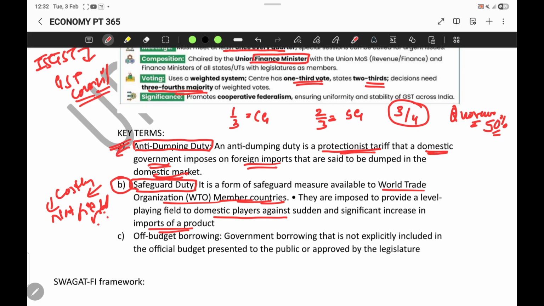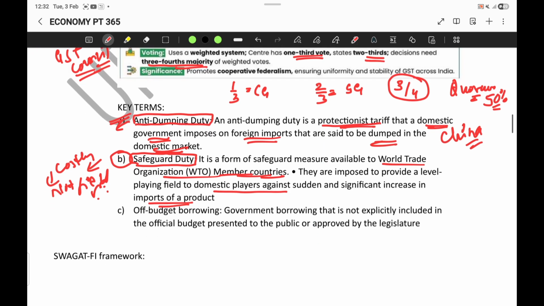But anti-dumping duty is when they are dumping cheaply, like China would do this with us mainly. They are dumping low priced goods directly into the domestic market. So that is anti-dumping duty which would be imposed on them.